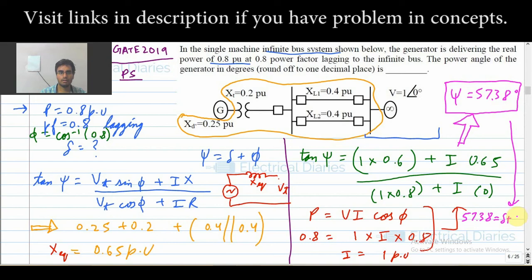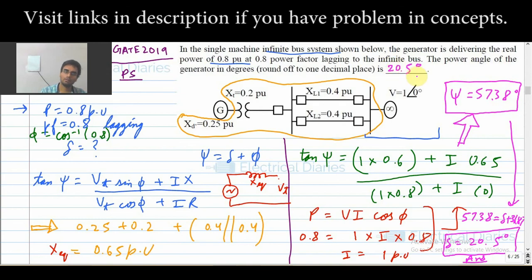Phi is cos inverse 0.8, that is 36.87. So your delta will come out to be 20.5 degrees. This is how you solve this question. This is the answer: 20.5 degrees.